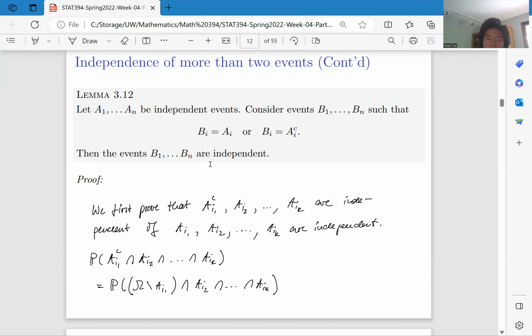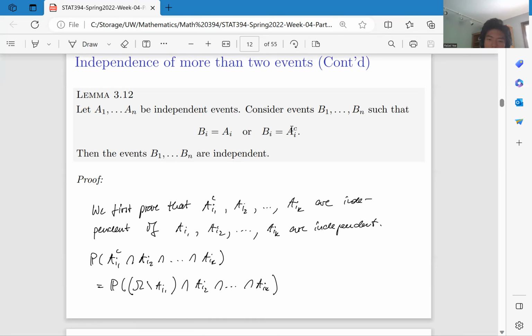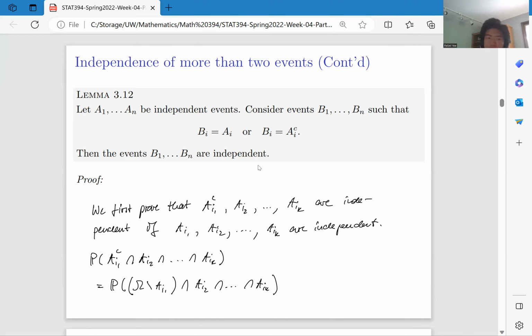And how can we prove that? First of all, because Bi is equal to Ai or Bi is equal to the complement of Ai, we can first give a trivial case: only B1 is equal to the complement of A1, and all the other terms B2, B3, Bk are equal to A2, A3, Ak.